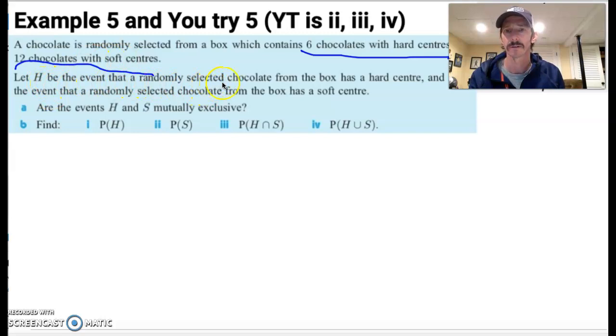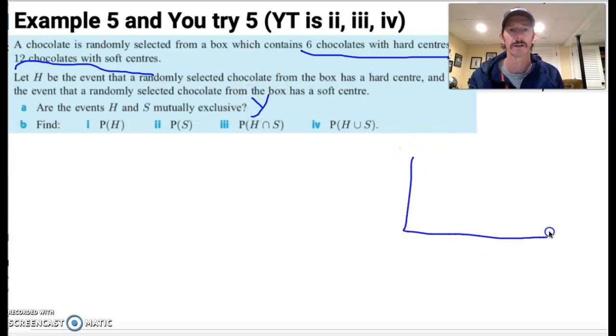H is the event that a randomly selected chocolate from the box has a hard center, so that makes sense because that's H, and that must mean S is for the probability of soft. So first question, are H and S mutually exclusive? The question is, can you have a chocolate that has a hard center and a soft center at the same time? And the answer is you cannot, which means that they are mutually exclusive.